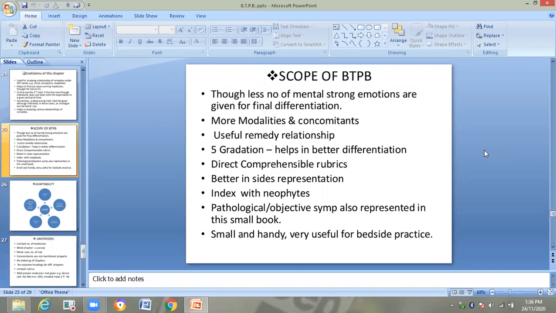We find the rubrics related to mind and emotions under these two chapters or two subsections.